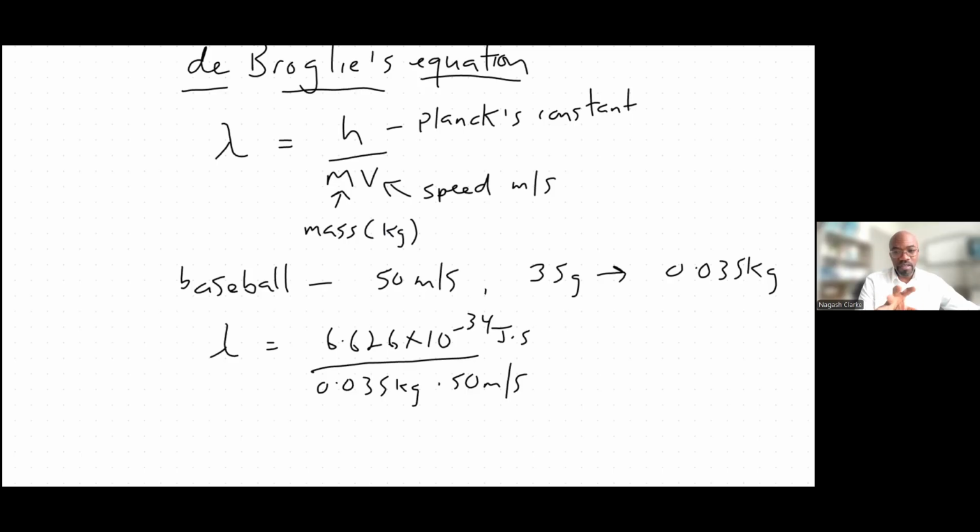You think of Newton's second law of motion. I won't show you that in this video, it's going to take a little more time than we need. But just trust me that everything will cancel except meters. And then we just do the math.